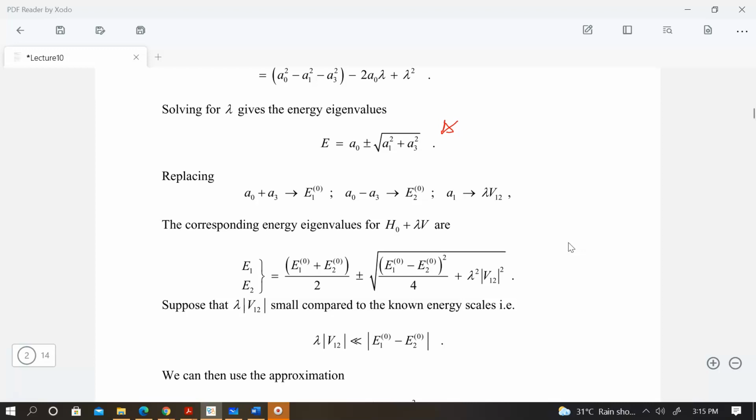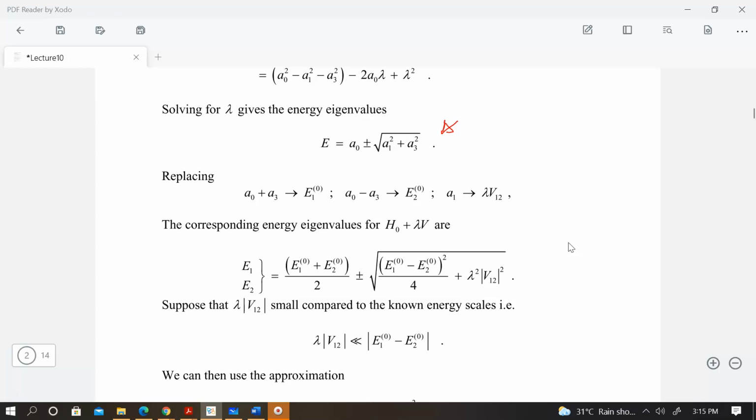You can see the departure from the unperturbed case is given by this factor of lambda squared V12 squared. One of the things that we always want to do for perturbation theory is to make this perturbing parameter small.